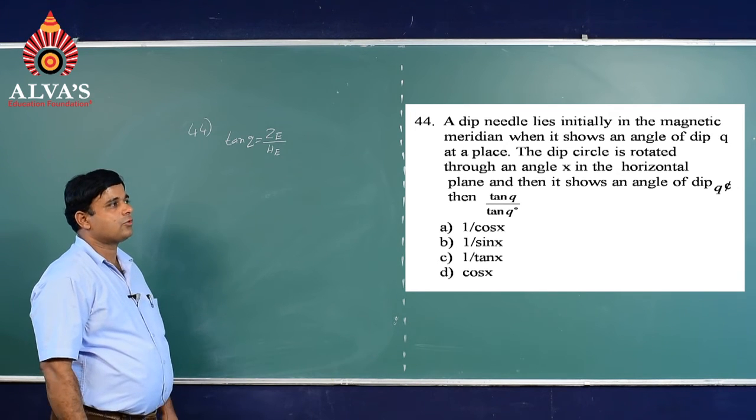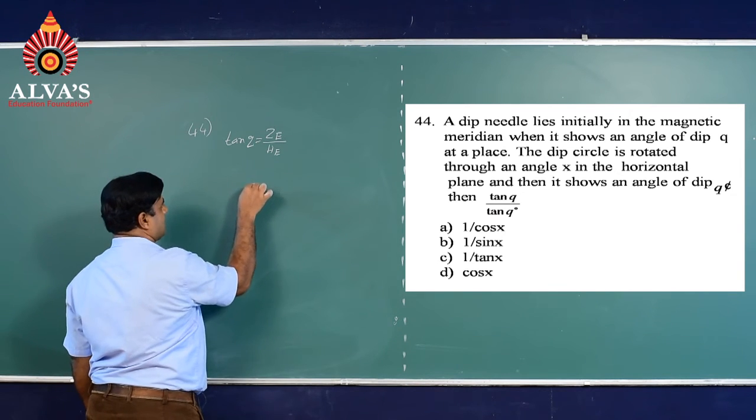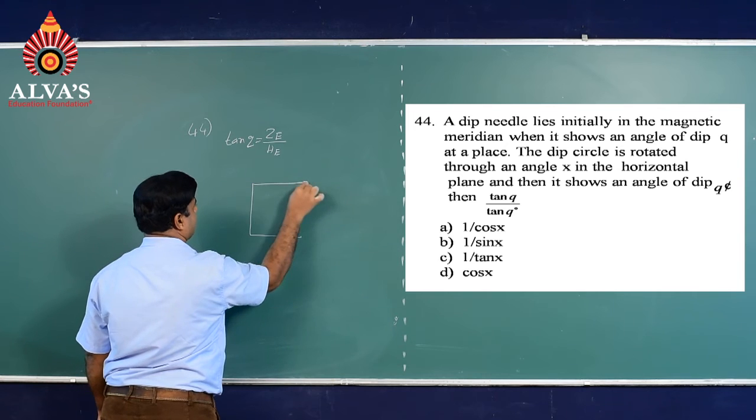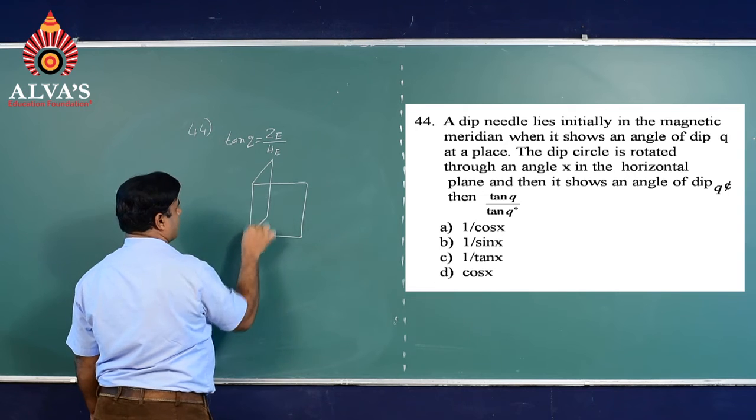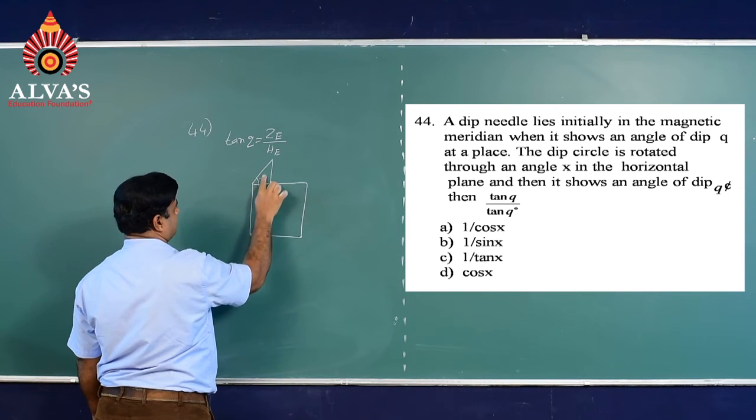Whenever it is rotated through an angle x, this is the magnetic meridian, this is the new plane, at angle equal to x.